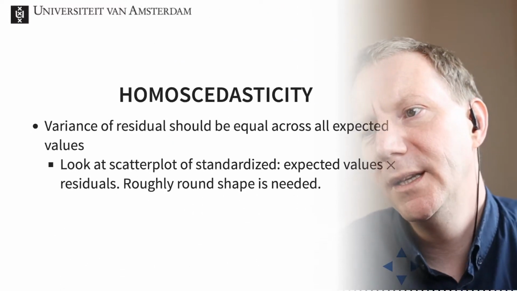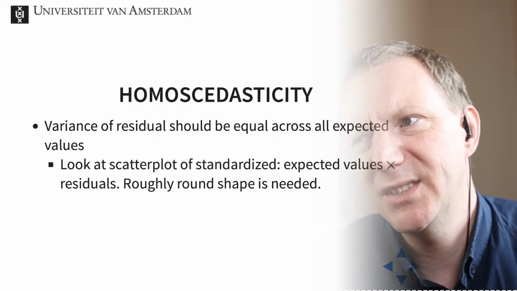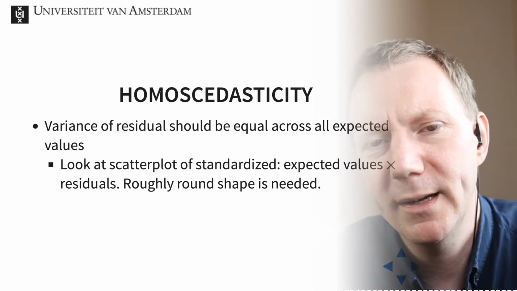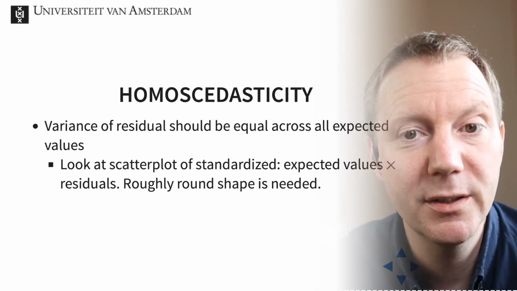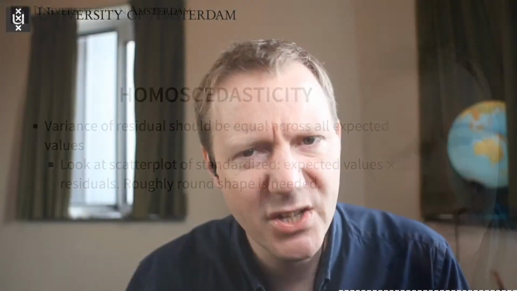The other assumption is homoscedasticity, and essentially we've talked about this concept already, because it is the same as the equality of variance. Within the ANOVAs that we've performed, we said the variance needed to be equal across the different groups.